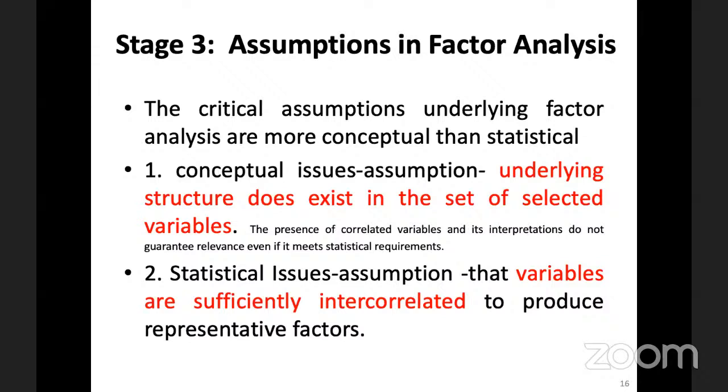After this one set of rules of thumb, we have more rules of thumb. Whenever they are required, they will be discussed. Then the next stage is the assumptions of factor analysis. We normally say that when we are using exploratory factor analysis, there is no assumed underlying structure in the data, that is, we do not know whether the data has a relationship with each other or not.